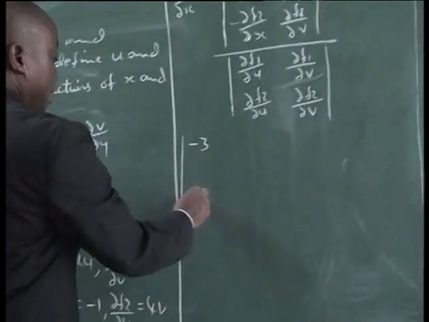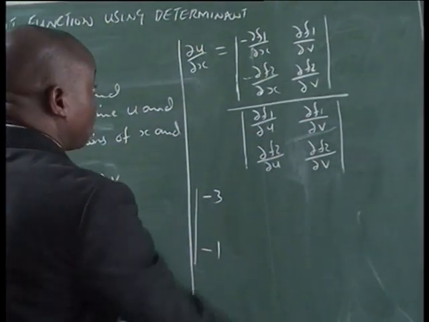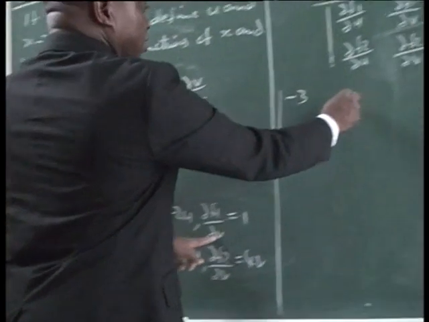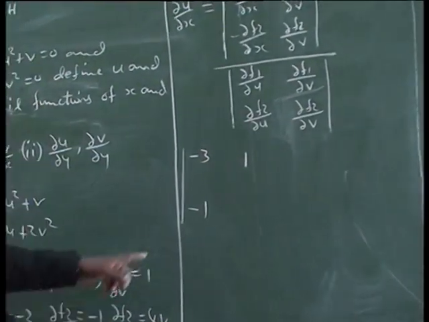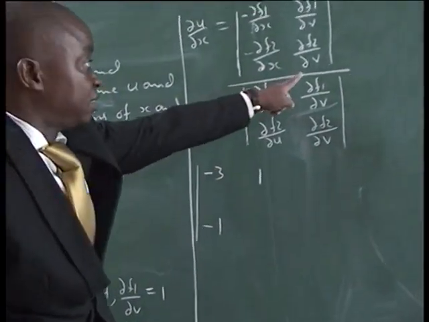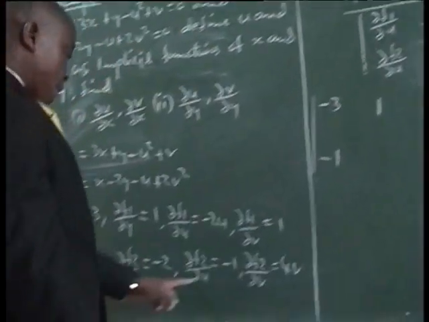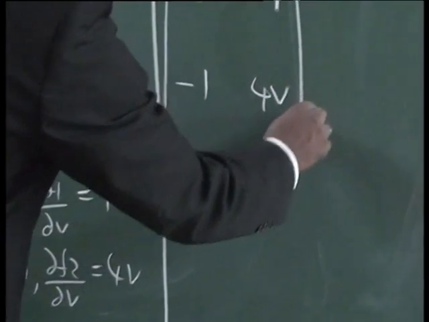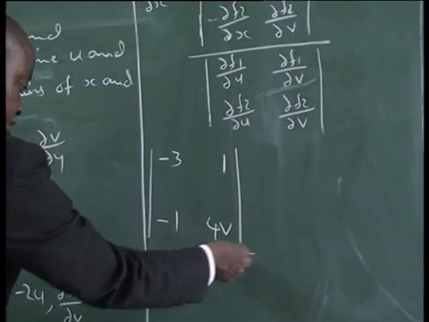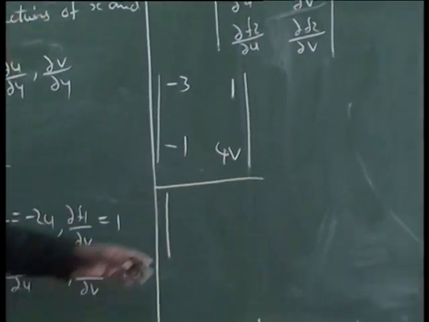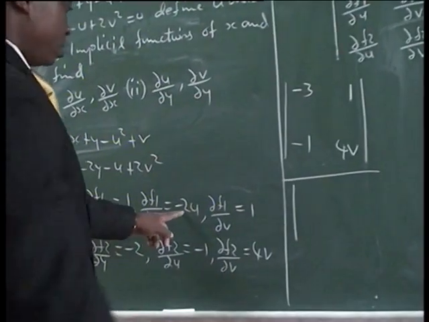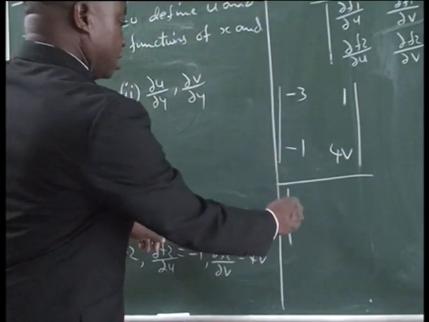So we now have minus 1. Partial f1 partial v is 1. Then partial f2 partial v is 4v. That is the top one, divided by another determinant, that which is here. Partial f1 partial u is what?